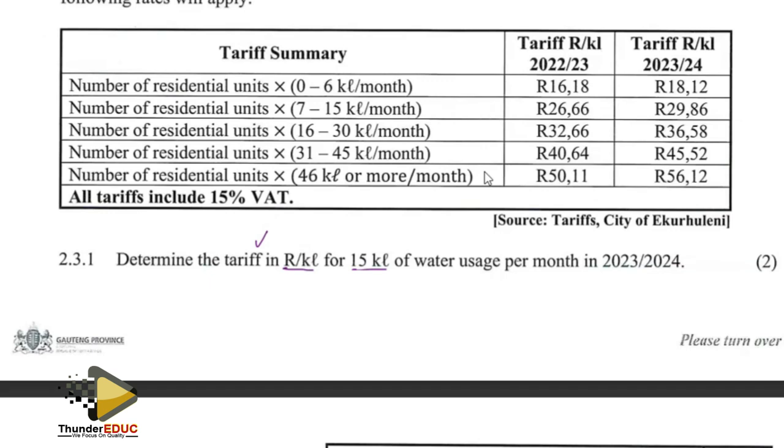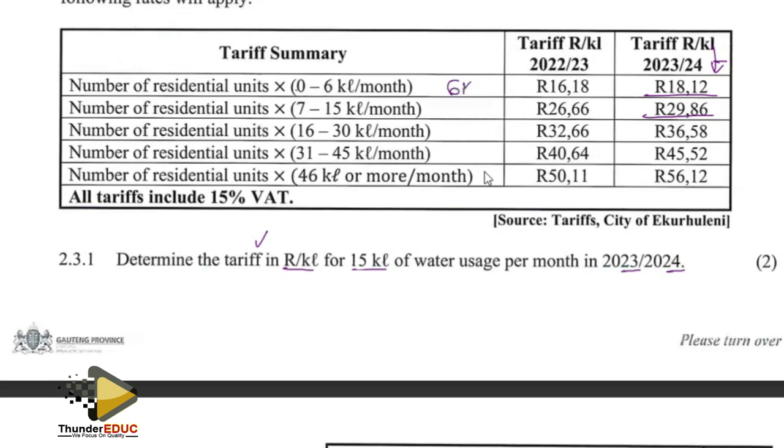Now, it's not 15 as such, because here they're telling us 2023, 2024, which means we are looking at this side here. So 15 ends here. Whenever we see a table like this, we always scrutinize so we get out the maximum for each bracket. So this is from 0 to 6.